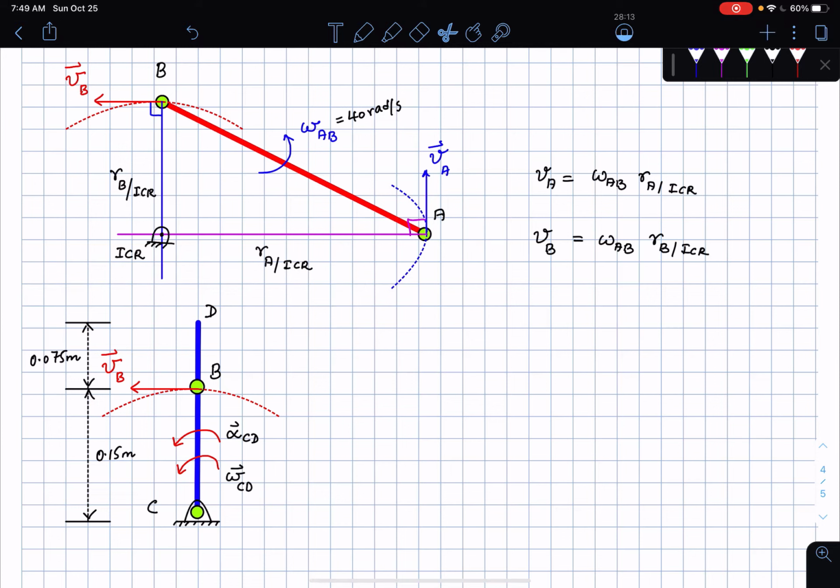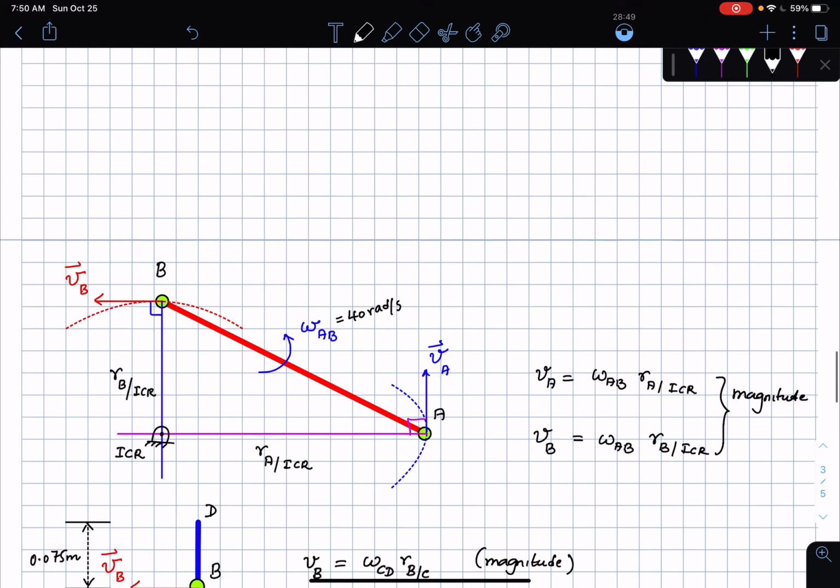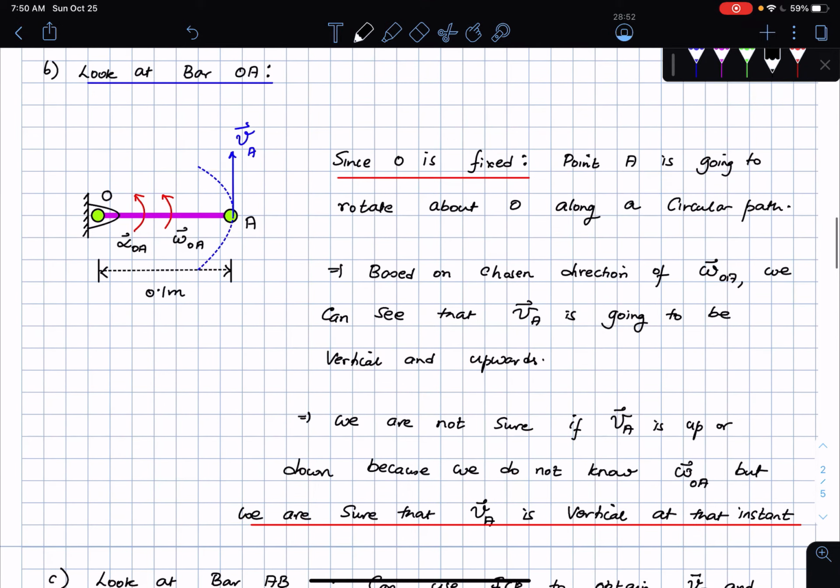You can automatically see from this bar here that VB is going to be the distance from RBC multiplied by omega CD, if I use the general equations. So from basic analysis, VB is omega CD times R B slash C. This is just the magnitude, so these are all magnitudes. Then I also have one more thing that I can grab from up here, which is this bar that we were working on.